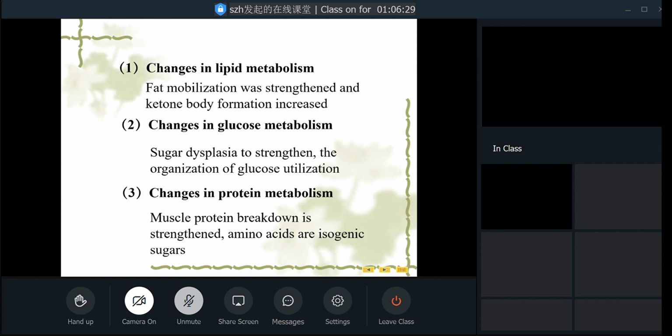And the glucose metabolism, you can say, sugar utilization is weakened, and the glucose utilization is localized. For the protein metabolism, you can say, most protein breakdown is strengthened.